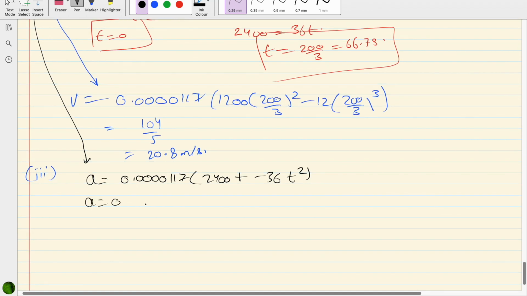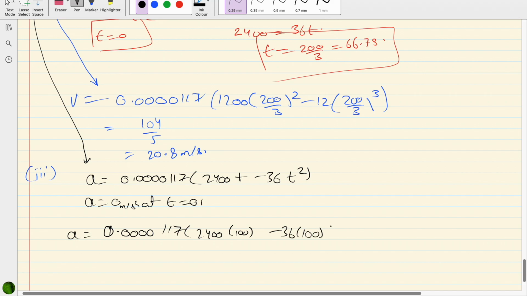At A, t is equal to 0, both of these become 0, so the acceleration is 0 meters per second square. And at 100, 1/117 times 2400 into 100 minus 36 into 100 square.